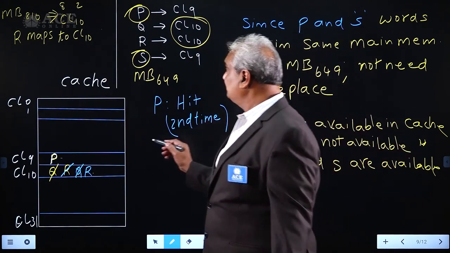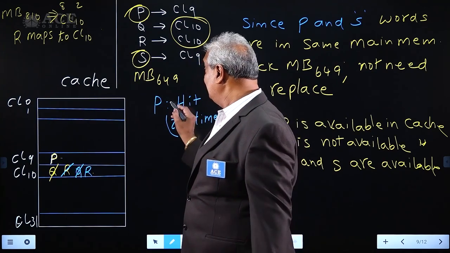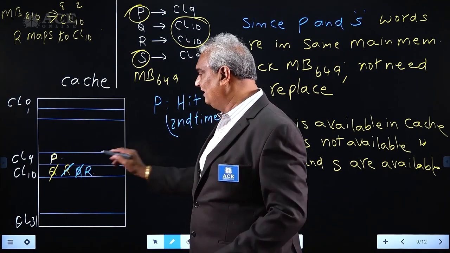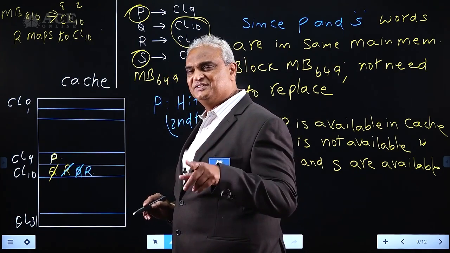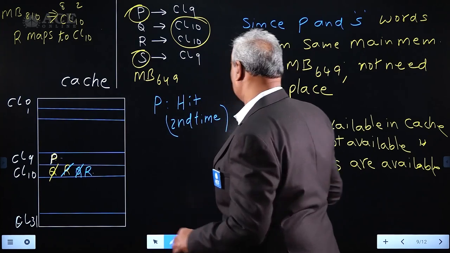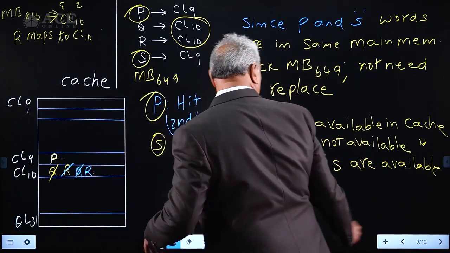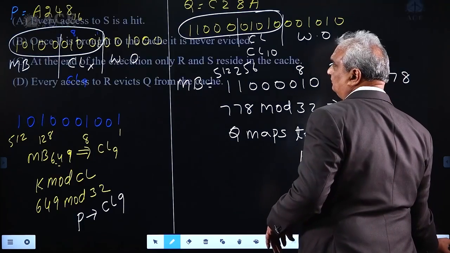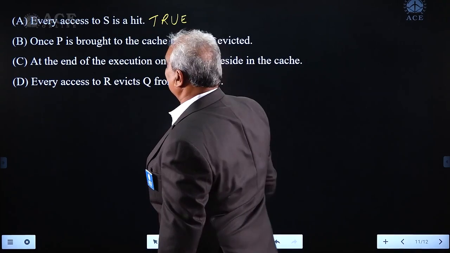Since P and S words are available in the same block, every access to S is a hit. So the first one is true. P is nothing but S. Yes, it is true. What about the second one?